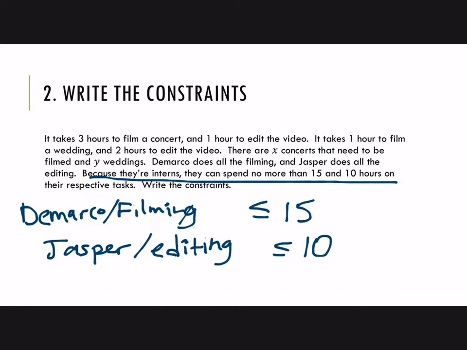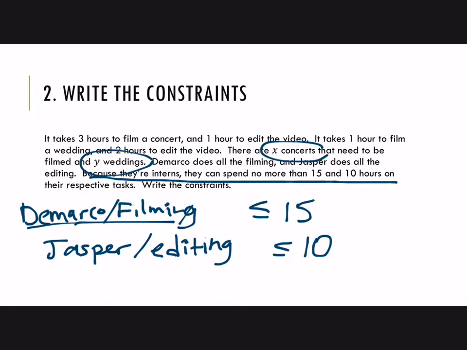Right. Now, what are the variables? Well, in this case, the variables are the number of concerts and the number of weddings. So this is a situation where we have constraints on something that's not the variables. So what we need to do is try to describe what does the time that DeMarco spends filming, how do I describe that in terms of X and Y?